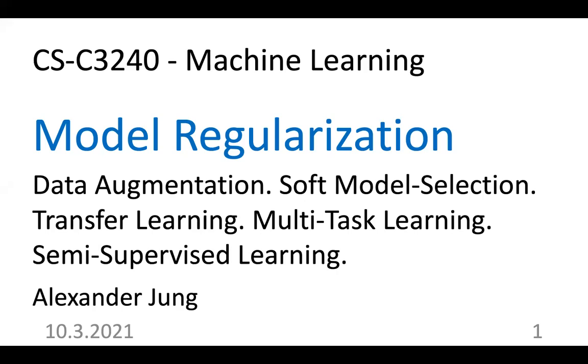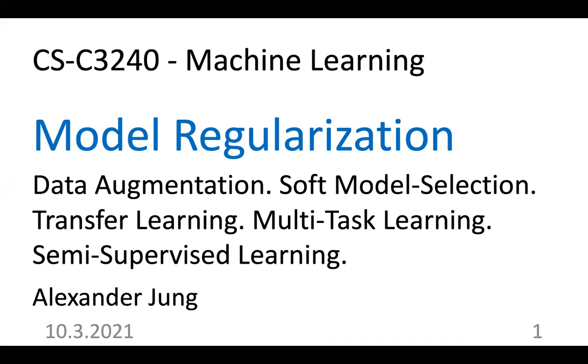So today we will hear some very powerful, simple, but powerful tricks. I call them tricks to still get good results by training high dimensional hypothesis spaces from a way too small training data set. And these tricks go under the name data augmentation, transfer learning, multitask learning, or semi-supervised learning.